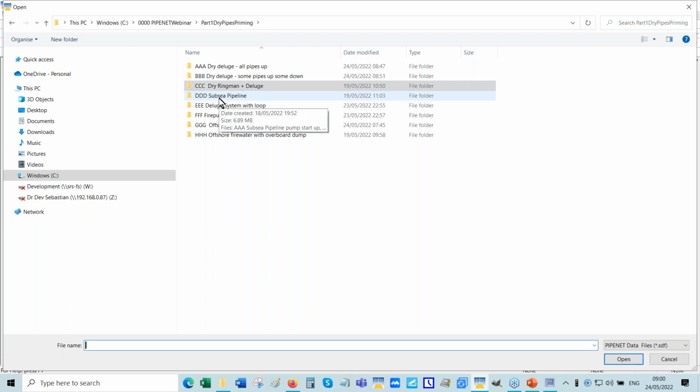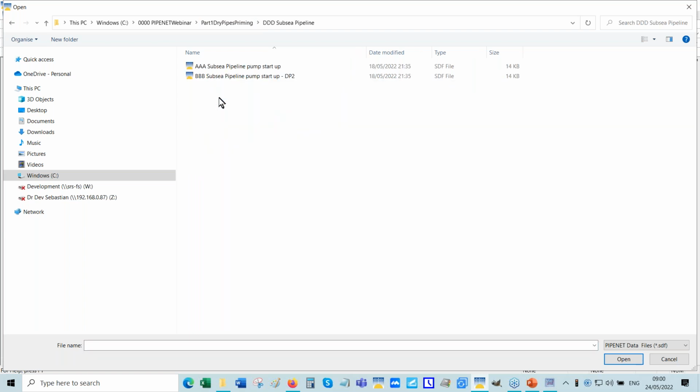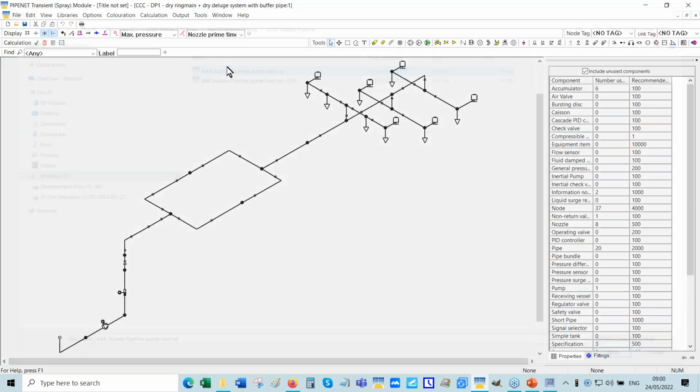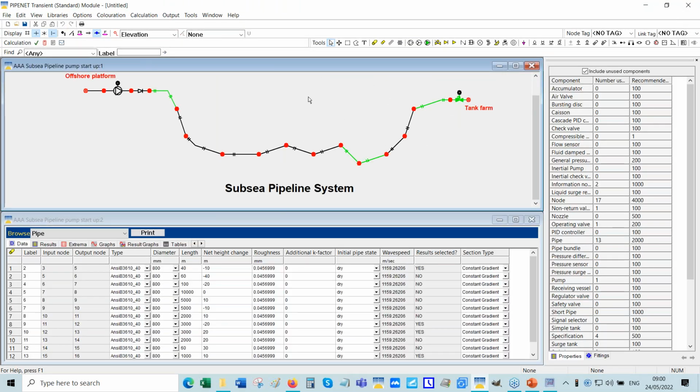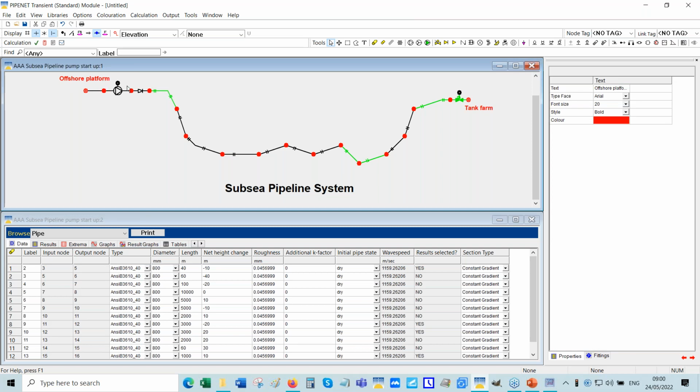A system other than fire protection systems. See, this is a SubC pipeline, and we can see that all the pipes are dry, except downstream of the check valve, and this is connected to the storage tank, and there's an offshore platform. There's a pump that discharges water to a tank farm.